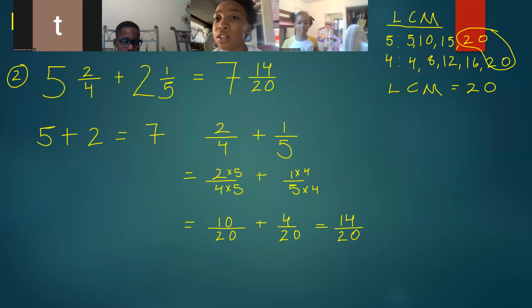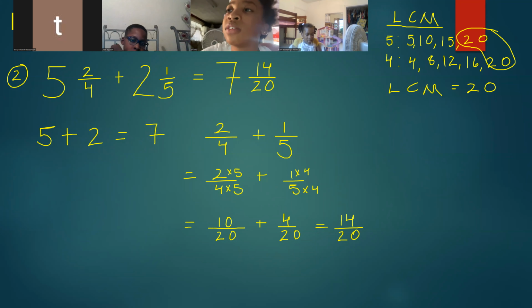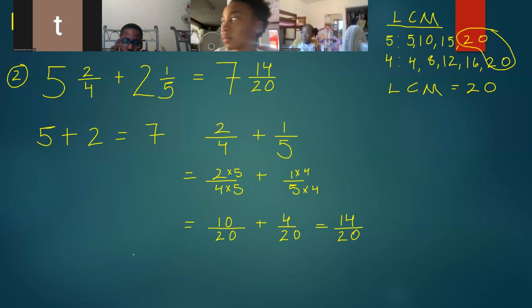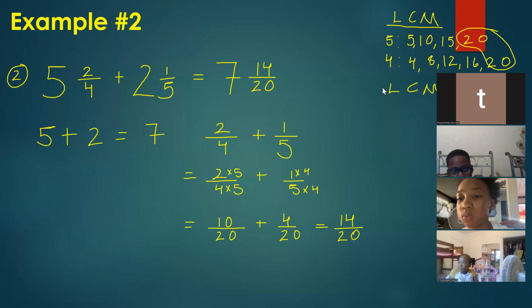So we just put the 20 down, and now we can bring down the whole number that we added, and we put the 7 down, and the answer is 7 whole numbers, 14 over 20. All right, very good. So the answer is 7 and 14 over 20. Okay, good stuff.